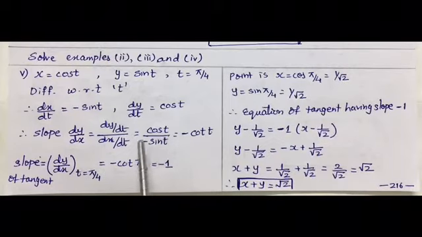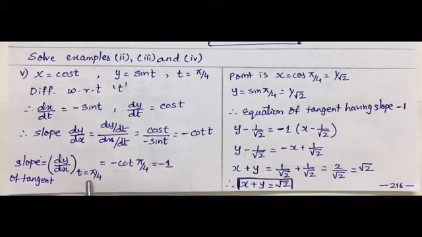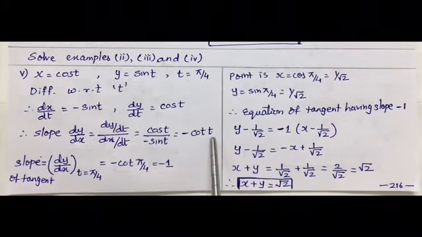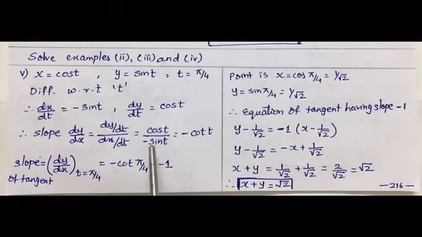Now this slope dy by dx is to be calculated when t takes the value pi by 4. So keeping the value of t as pi by 4, we get minus cot pi by 4 equal to minus 1, because the cot pi by 4 value is 1. Hence it becomes minus 1. Now the slope we have calculated as minus 1.